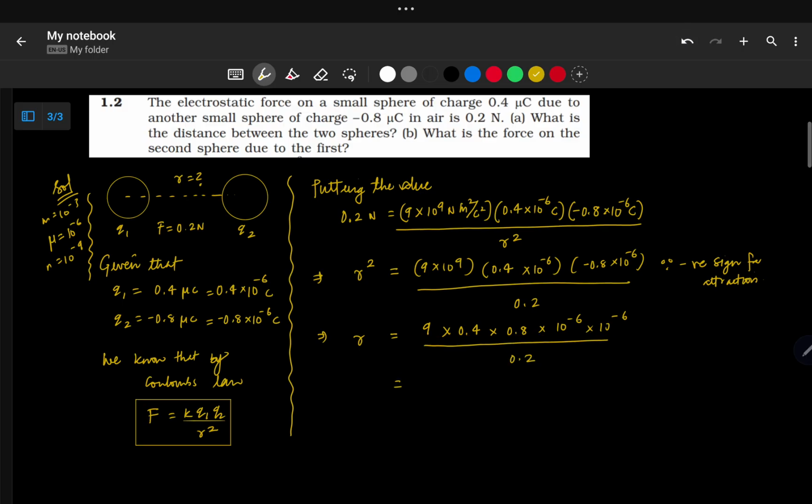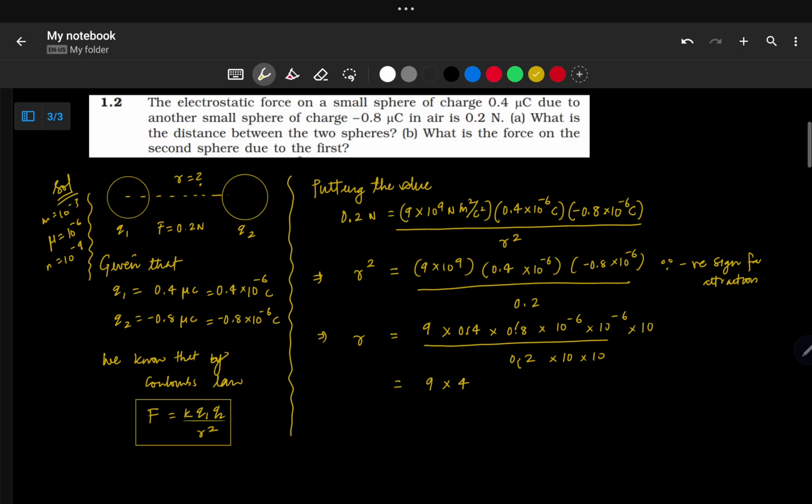Okay, so now what we are going to do is 9 into 4 into 4, and the decimal we are going to take downside like this, and we are taking this 10 downside, and we are taking this decimal into numerator. So this is going to be like this.